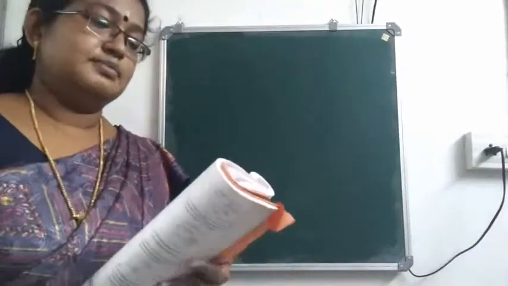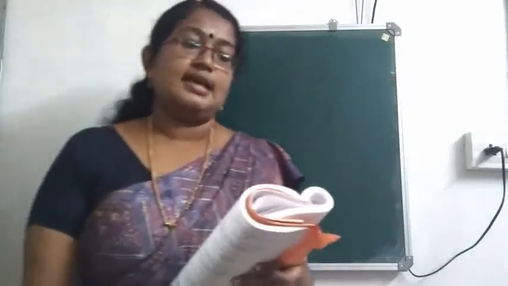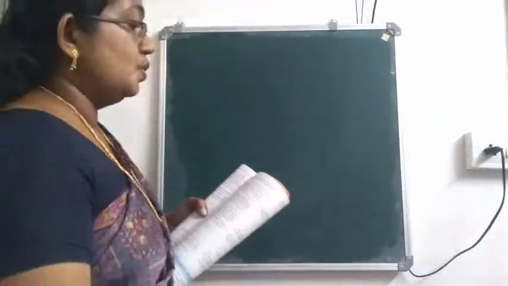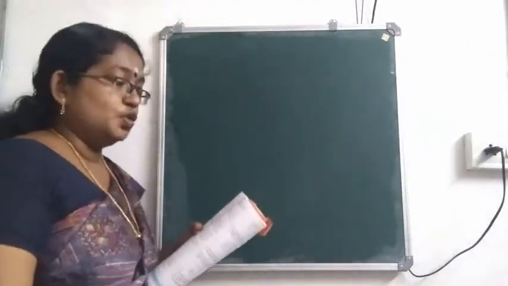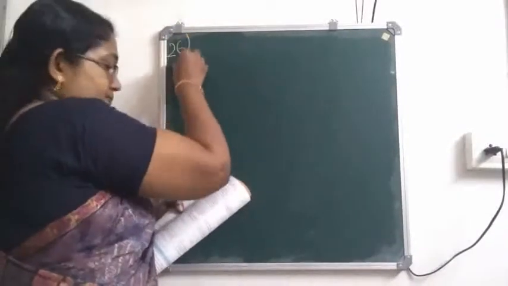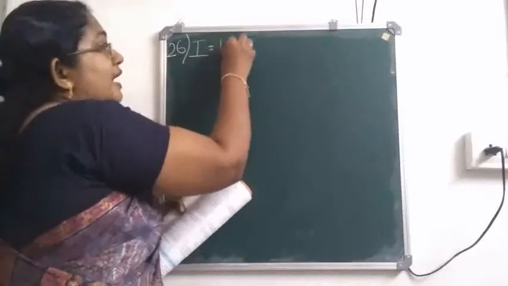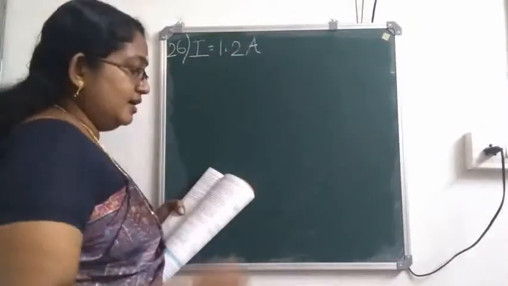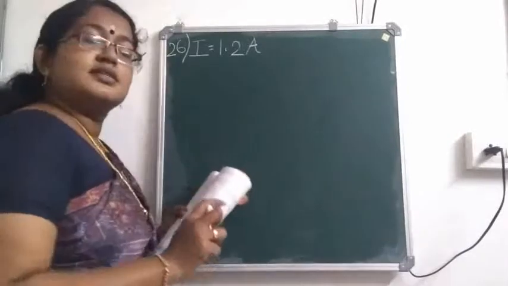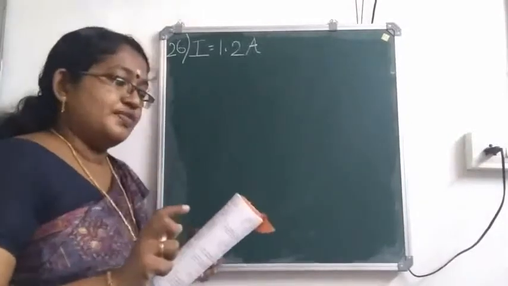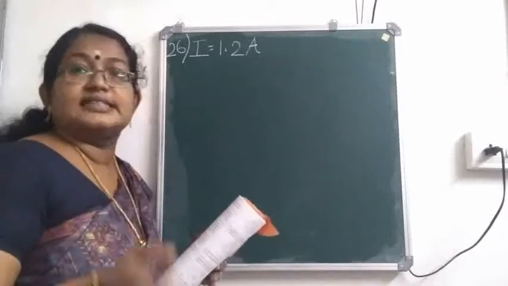Okay, question number 26. A cell supplies a current of 1.2 ampere through two resistors, each of 2 ohm, connected in parallel. So we are having a current of 1.2 ampere when two resistors, each of resistance 2 ohm, are connected in parallel.